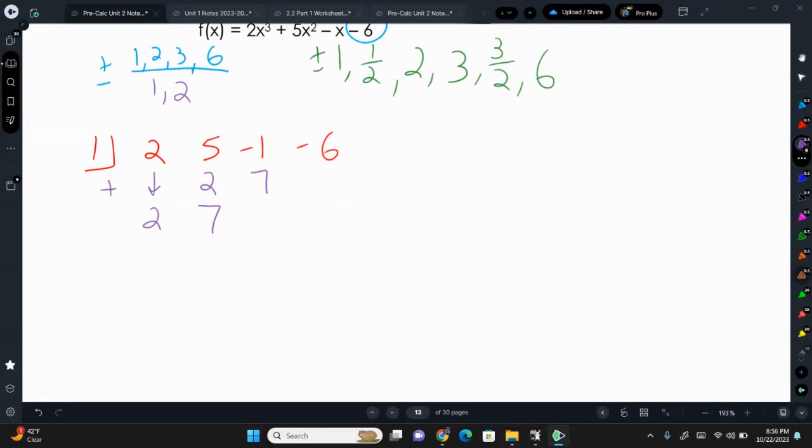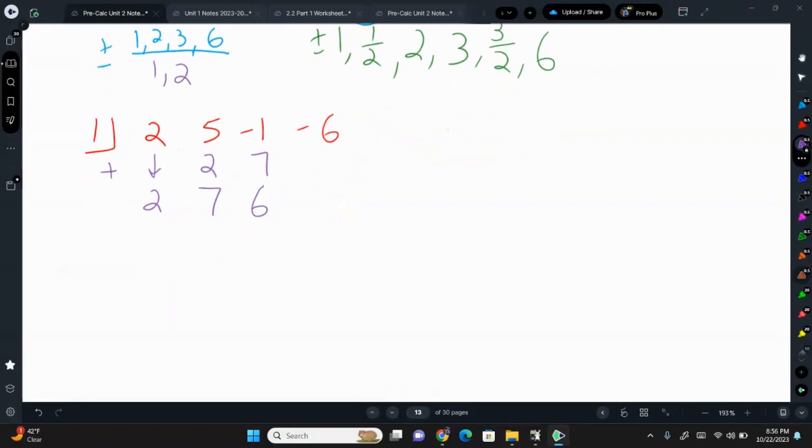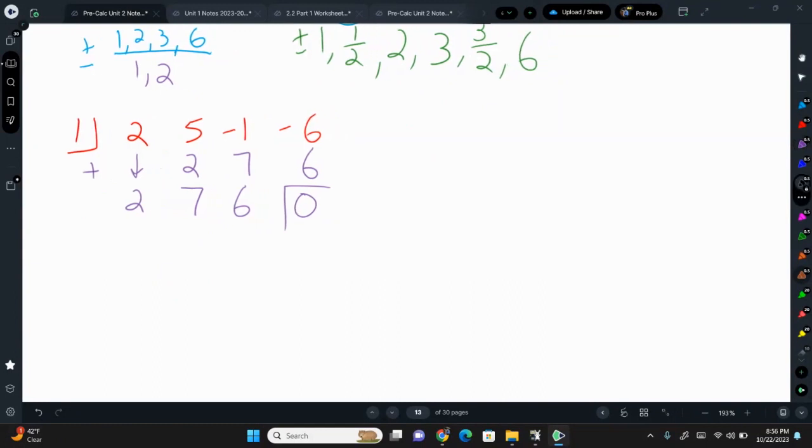Negative 1 plus 7 is 6. 6 times 1 is 6, and then we get 0. So we have x minus 1 as a factor, and then 2x squared plus 7x plus 6.